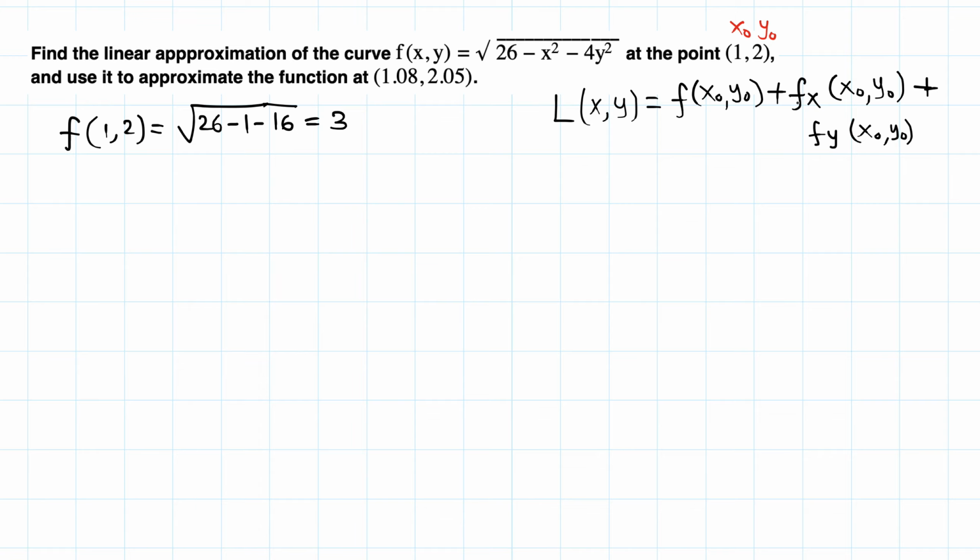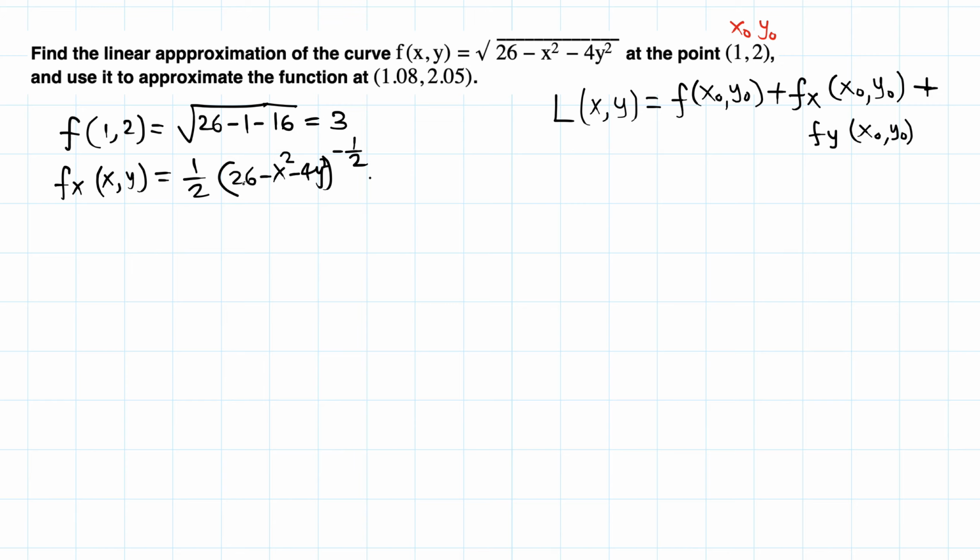Okay. Next we need to find the partial derivative of this function with respect to x. fx at (x, y) is, this is basically this expression raised to 1/2. So from the power rule, 1/2, then 1/2 minus 1, negative 1/2. 26 minus x squared minus 4y squared times the derivative of this with respect to x.